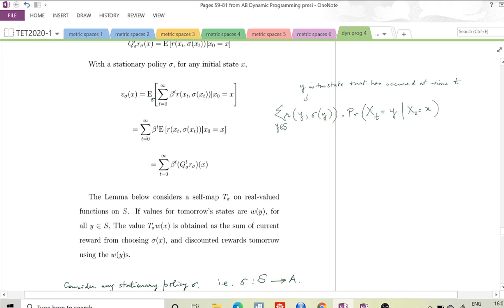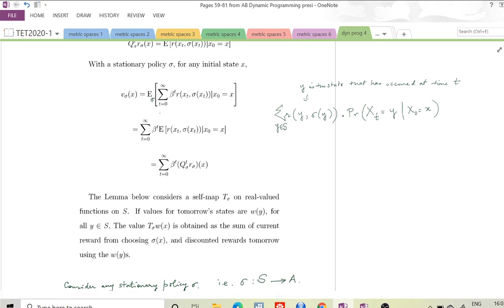We can approximate by replacing this infinity with a long enough time horizon capital T, such that beta to the capital T is very, very negligible, right? So then most of my payoff will have happened by then.